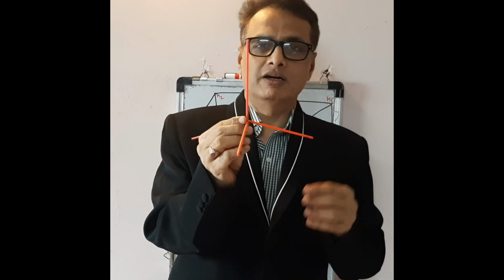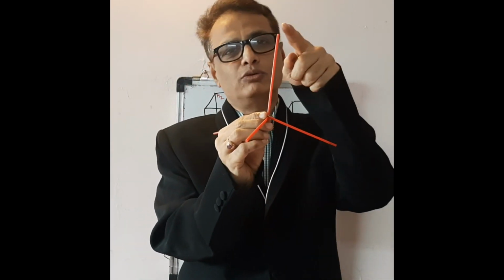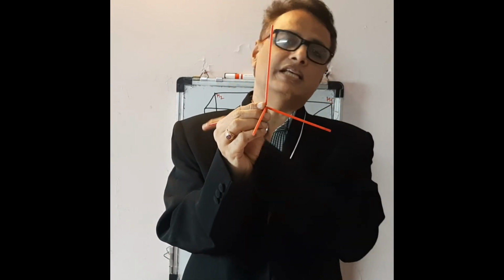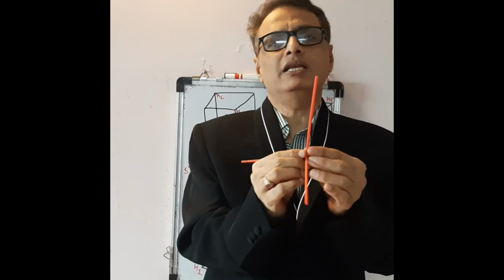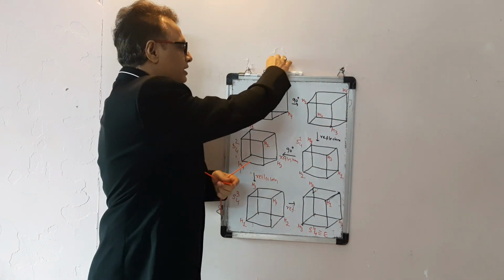Now let us find out the improper rotational axis in methane. This is your methane molecule. Methane has a tetrahedral structure. Carbon is placed here. This is one hydrogen H1, this is the second hydrogen H2, this is H3 and this is H4. Here methane is placed in a cube.